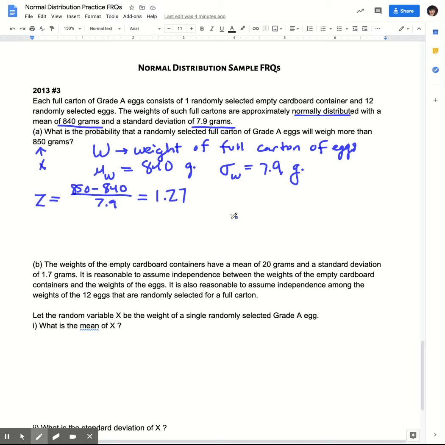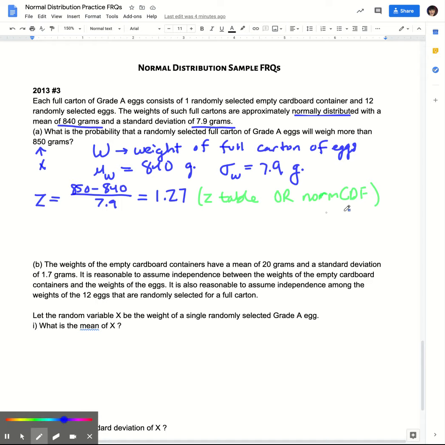Then you have two options: you can use a z-table, or you can use normal CDF on the calculator.